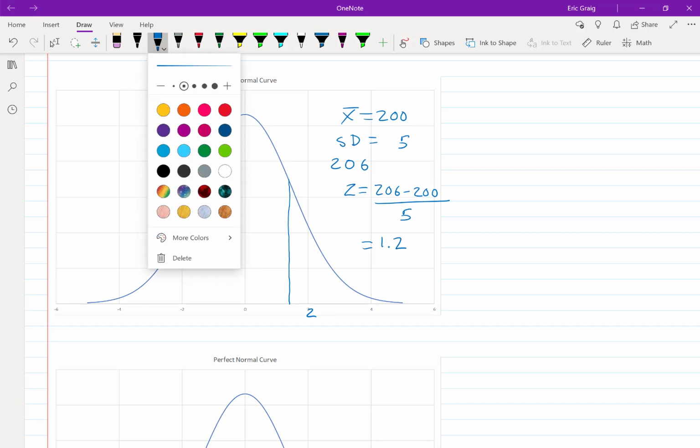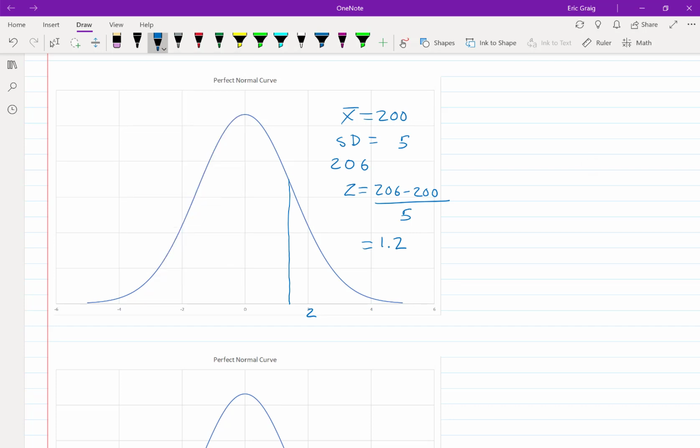So we're interested basically in this whole area over here. The tricky thing here is that the table is giving us this area between the mean and a z-score.